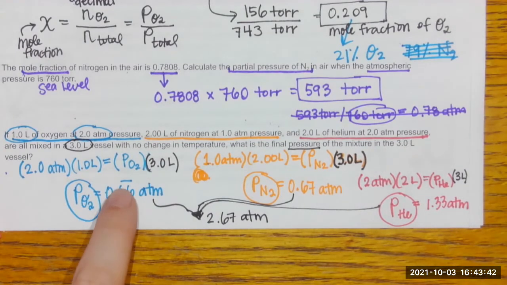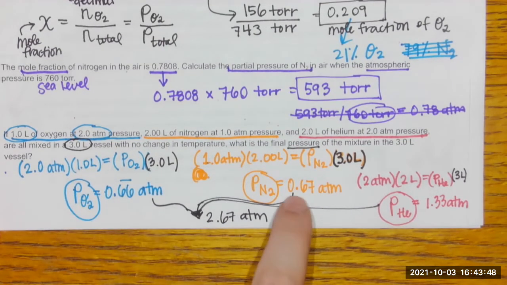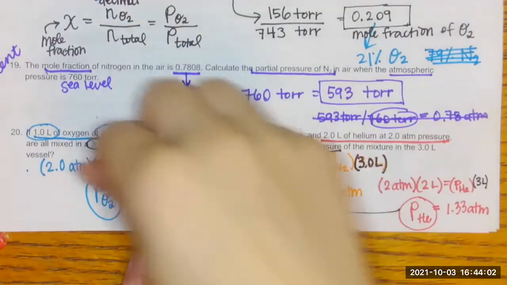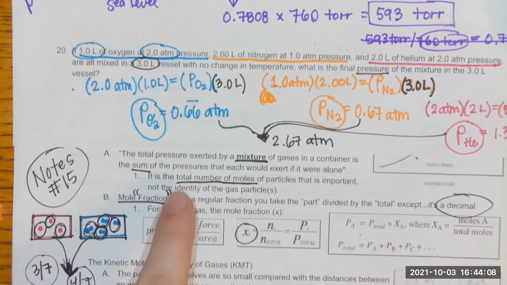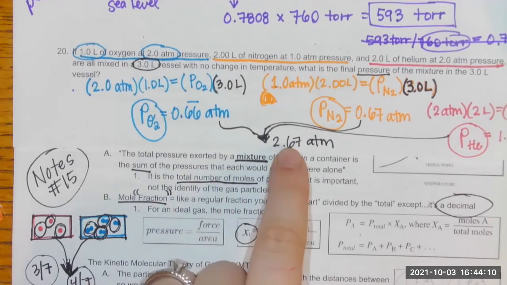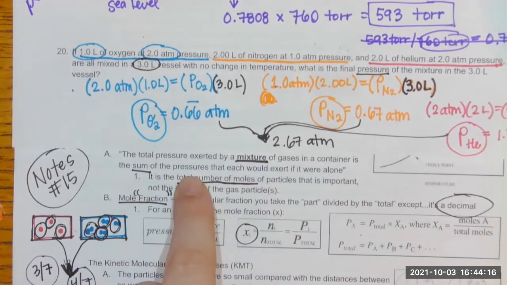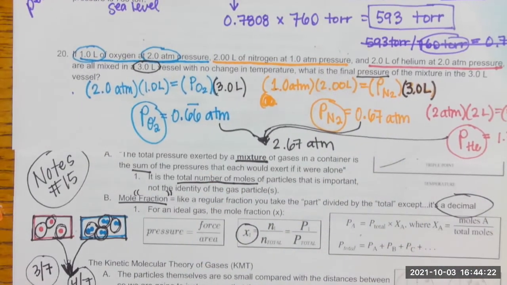You could do the 0.66 divided by 2.67, get the mole fraction of oxygen, mole fraction of nitrogen, and take 1.33 divided by 2.67. That would be the mole fraction for helium. So this is a really good example of what the notes are saying, that the total pressure exerted by a mixture, aka 2.67 here, is the sum of the pressures that each would exert if they were alone.